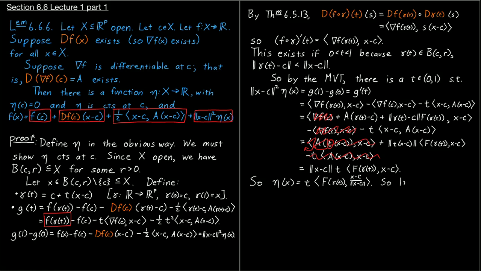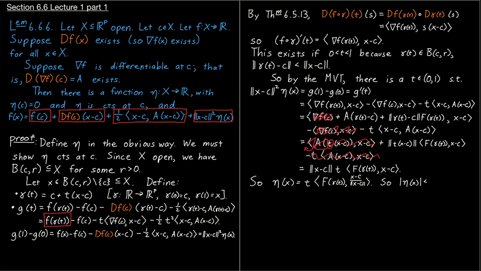So we've got that eta of x, the absolute value, because remember, f is a real valued function and therefore big F and eta are. T is less than 1. x minus c over norm x minus c is less than 1.